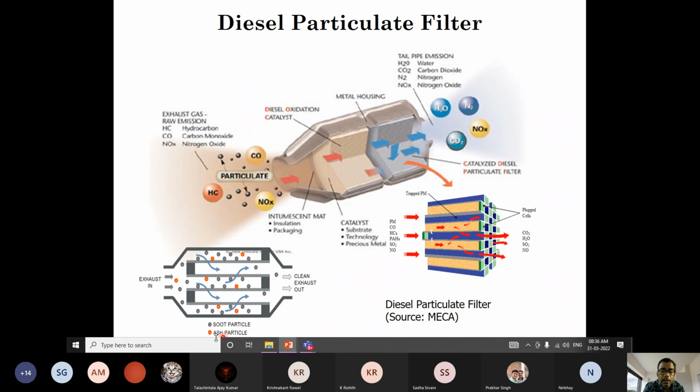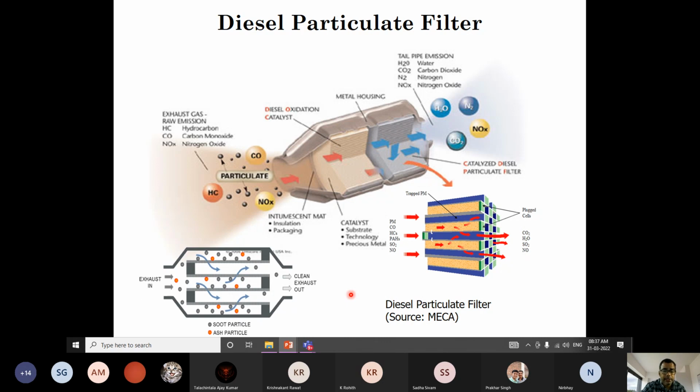The second thing is that if you are regenerating the DPF with the help of extra fuel, you can do post-injections to increase the temperature of the exhaust, and that high temperature will burn out the particulates, and then the device is fresh and will work efficiently once again.